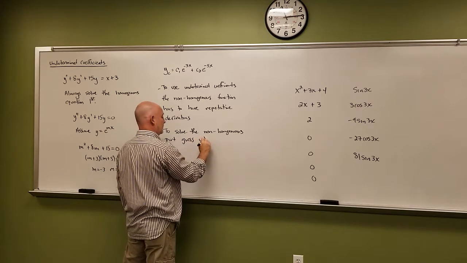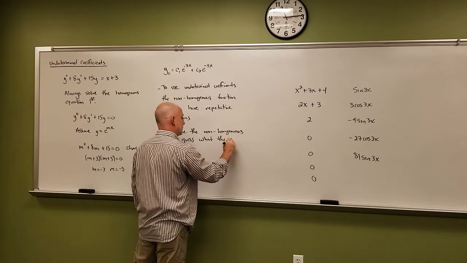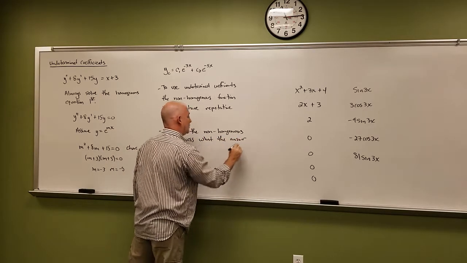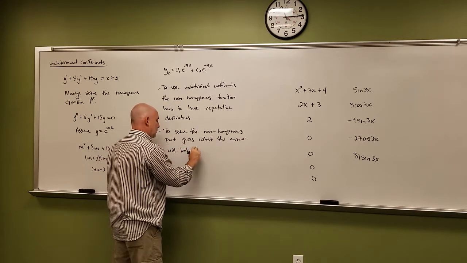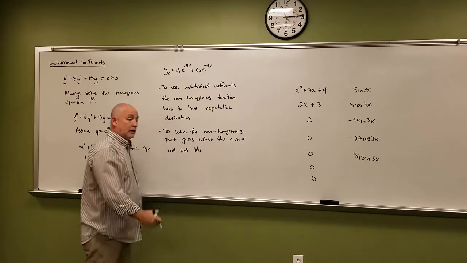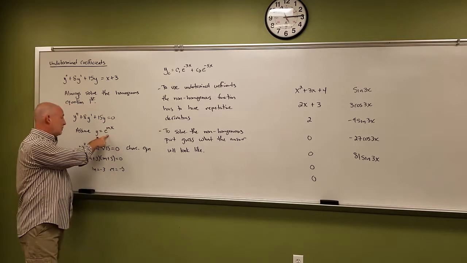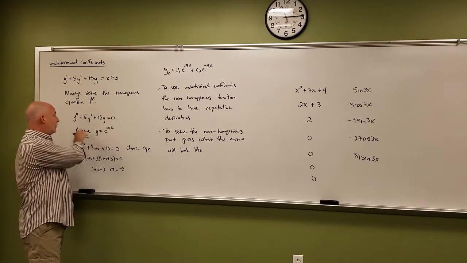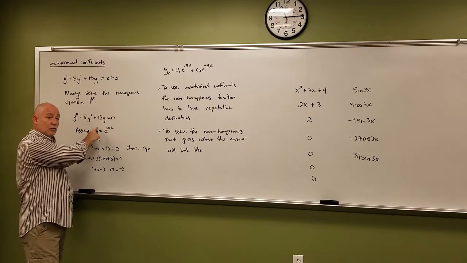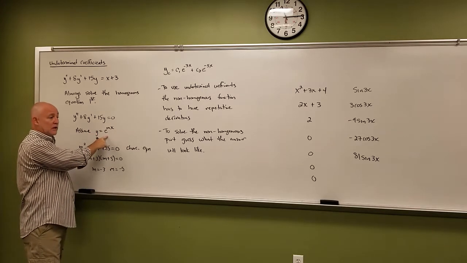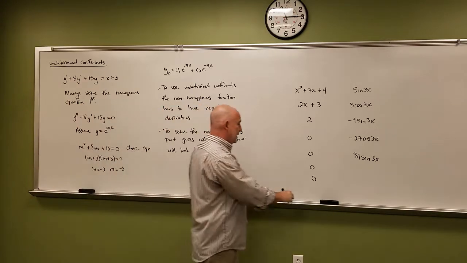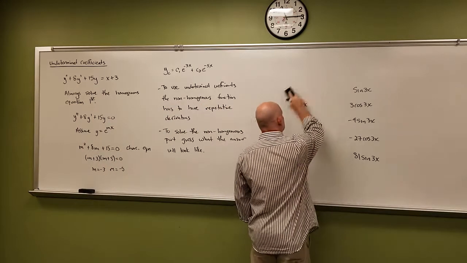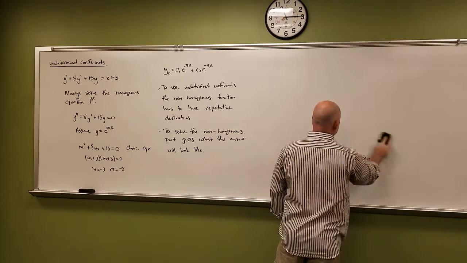Guess what the answer will look like. All right, kind of what we did over here, right? We kind of guessed at this answer. Because of the form of the differential equation, we reasoned out that the answer should be an exponential. Same kind of thing's going to happen here. We're going to take a guess at our solution.